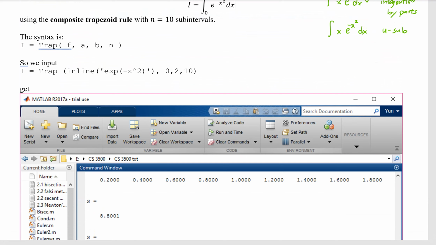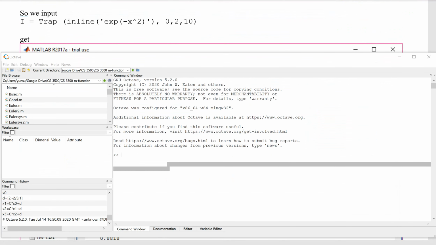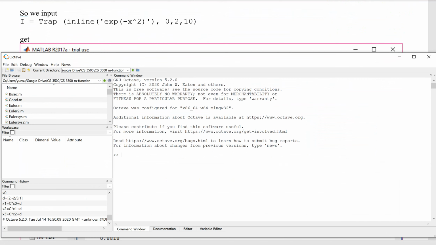Okay, so this is Octave. Make sure your folder contains our M functions folder. Then here let's input I equals trapezoid, inline function, exp minus x squared, 0 is the left endpoint, 2 is the right endpoint, and let's do 10 subintervals.